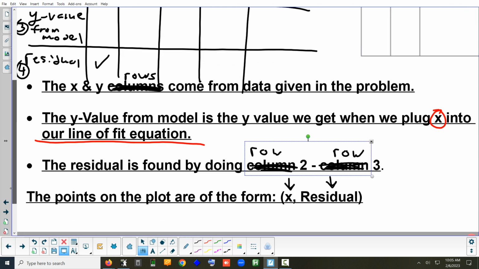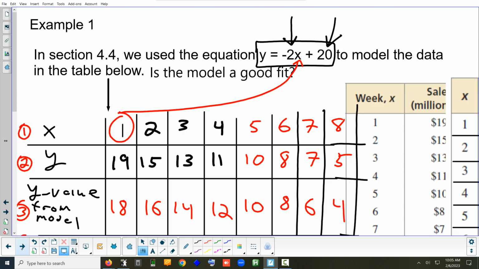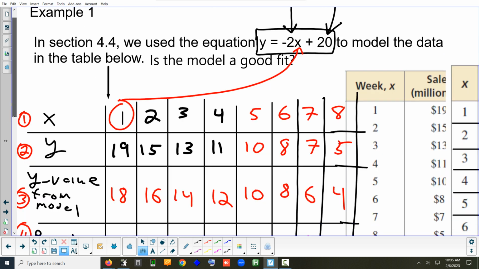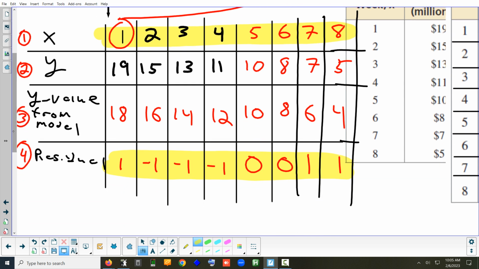So remember what your picture looks like. The points on the plot that we're going to make are x, comma, residual. If I just highlight what you're looking at, here are your x's. Here are your residuals. Those are the 2 rows we're going to focus on to make the picture.